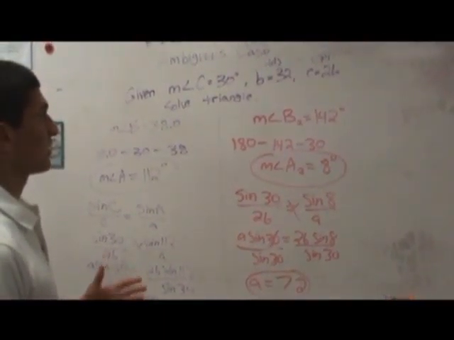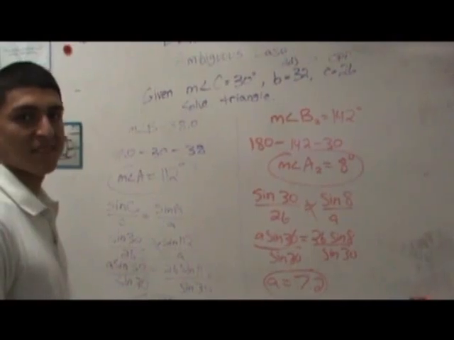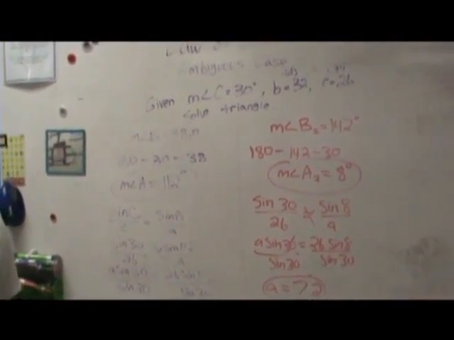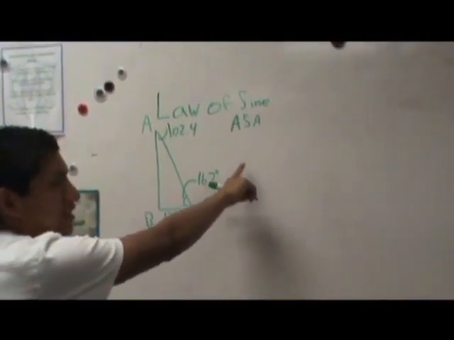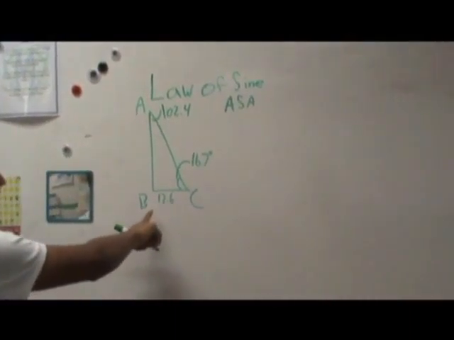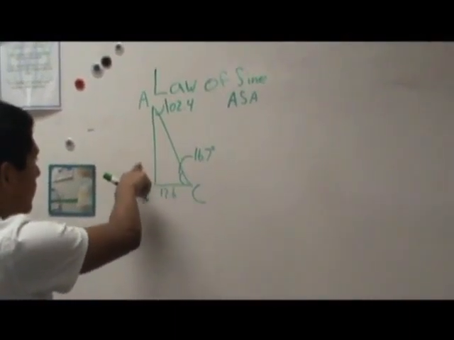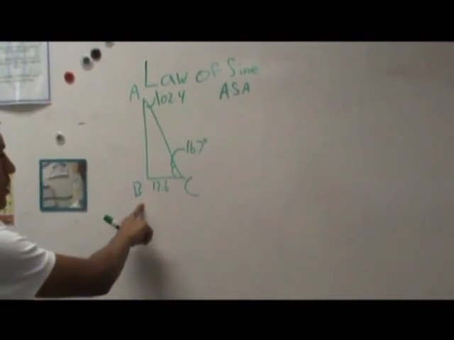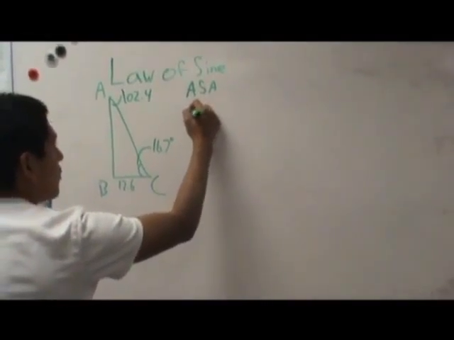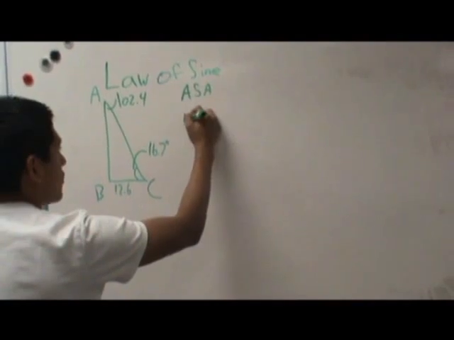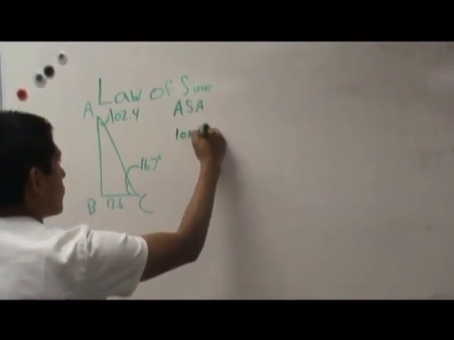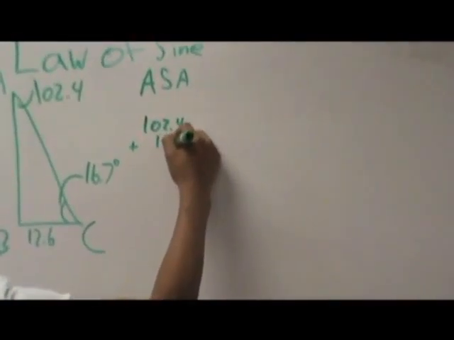And that's how you solve a law of sines ambiguous case for a two-solution triangle. So this is law of sines, angle, side, angle. We're going to be looking for angle B and side C. So to find angle B, you have to add angle A and angle C. So 102.4 plus 16.7.